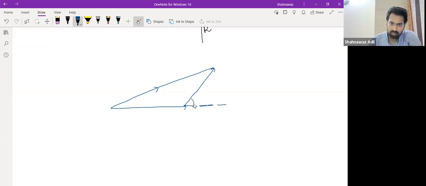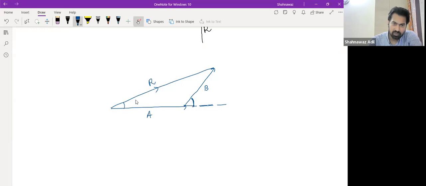This is the angle between A and B, right? This is A, this is B, and this is the resultant.